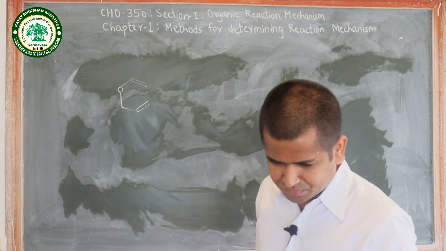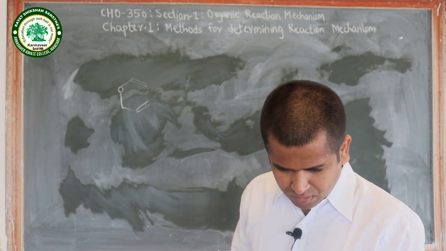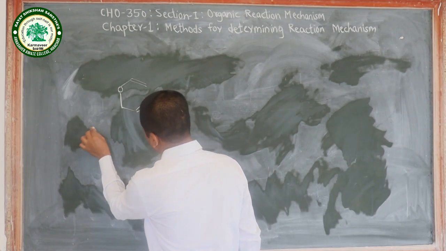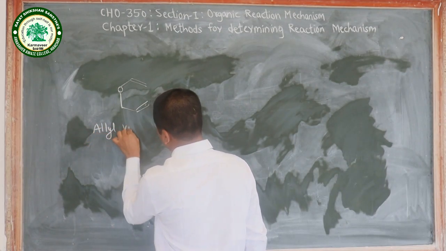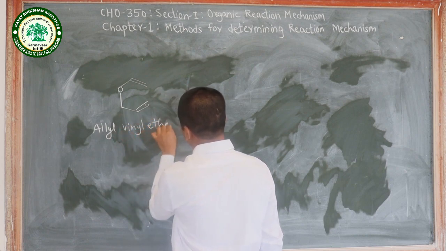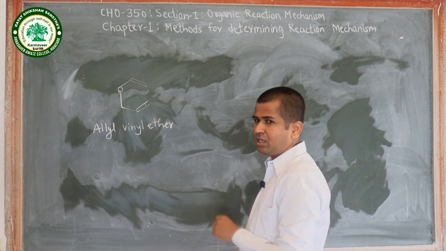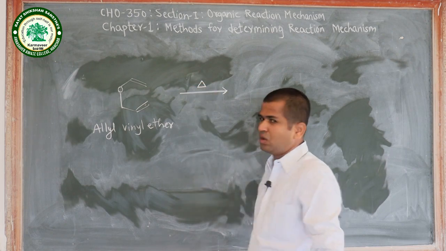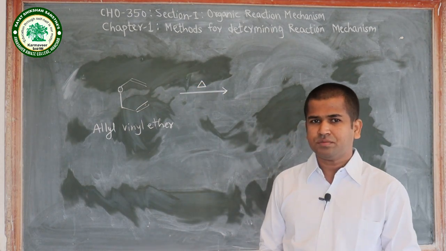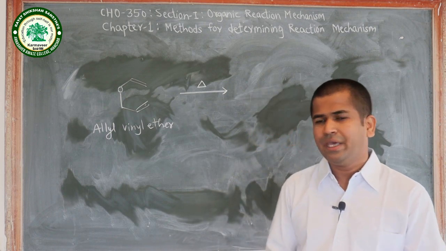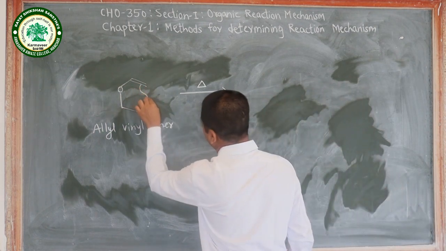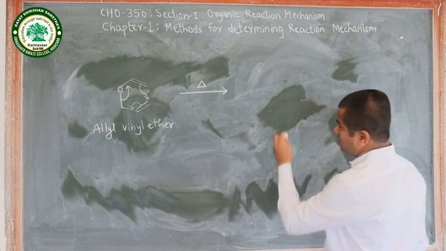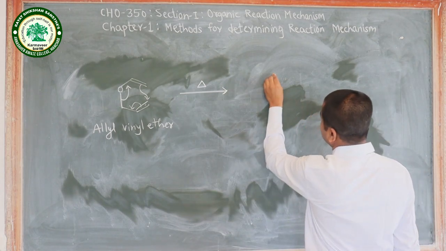This substrate is an allyl vinyl ether. Allyl vinyl ether on heating undergoes a sigmatropic type of rearrangement, and we get the formation of a product like this.